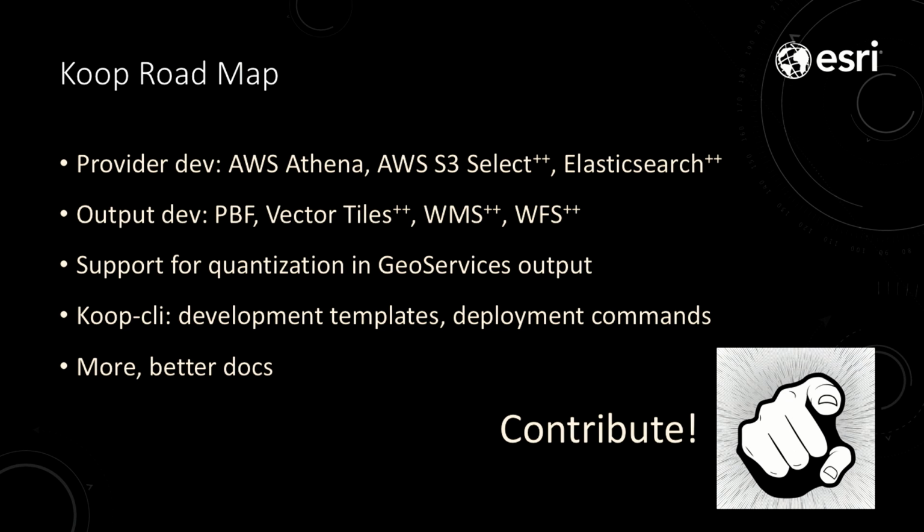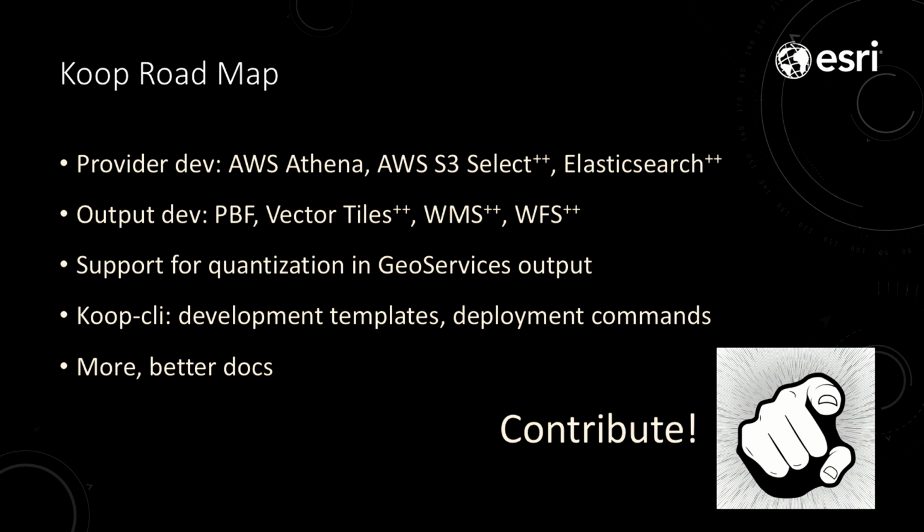In terms of what's coming for Koop, we're going to continue on with more provider development. We've had a couple of interesting providers come out recently. Most recently is AWS S3 Select.